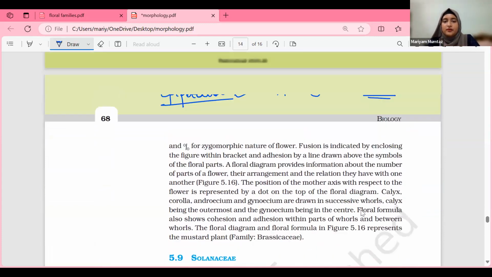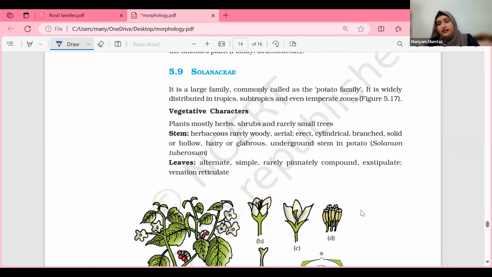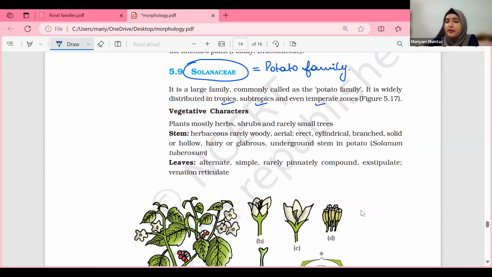Now let us talk about the family which is Solanaceae. Write down Solanaceae, and the nickname for this family is potato family. All our beloved vegetables belong to this family. It is a very large family, commonly known as potato family, and it is widely distributed in the tropics, subtropics, and even temperate zones.